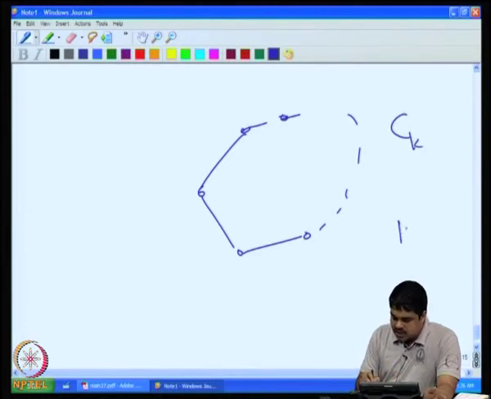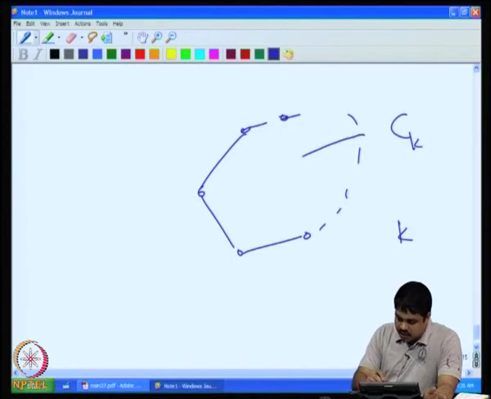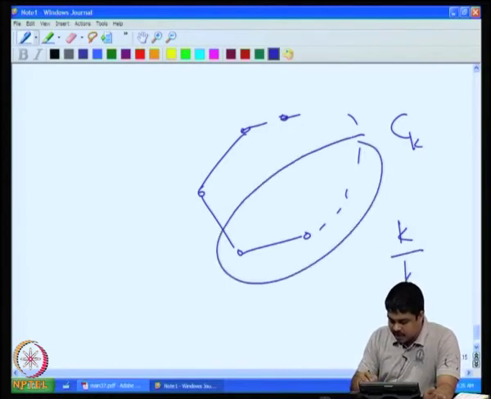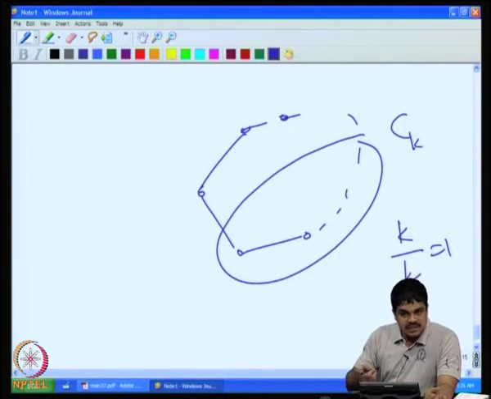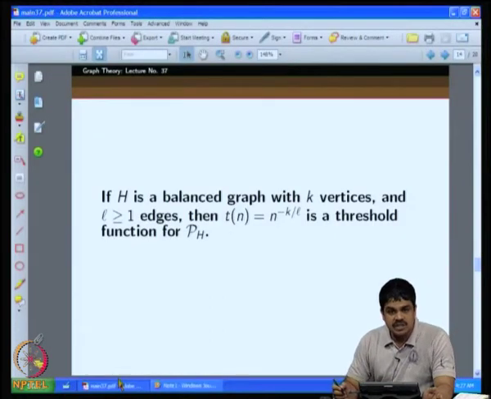There are k edges and k vertices, so epsilon will be k by k. Any subgraph you take will be at most a path or a collection of paths, so definitely the edge density is smaller, because the edges are fewer than the number of vertices there. So, that is an example. It is not very surprising that balanced graphs are considered, because many graphs are already captured by that.